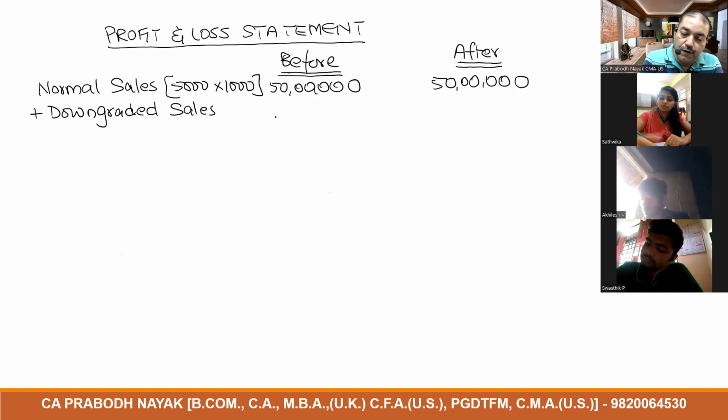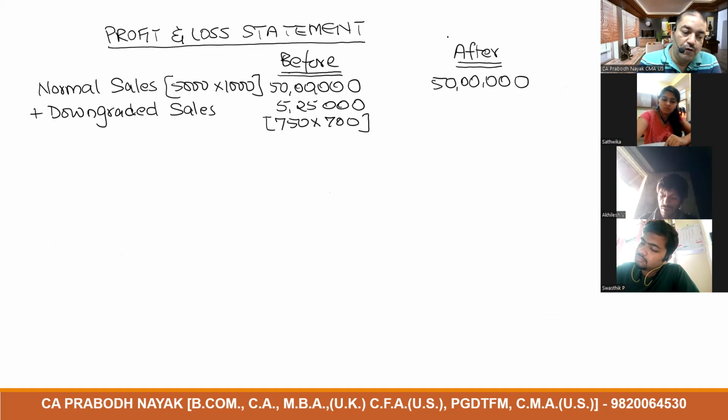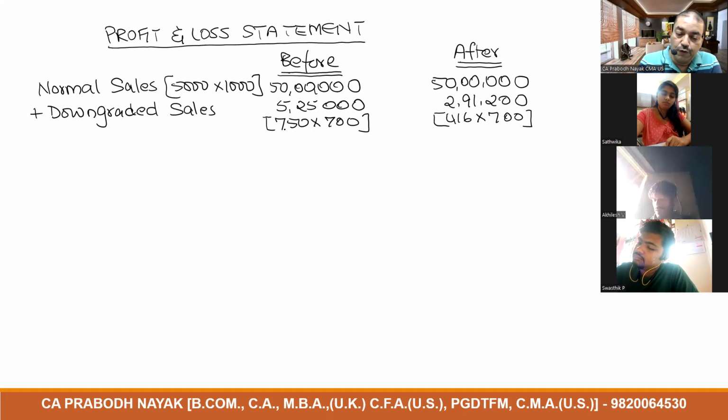Show the working. 750 into 700, that is 5,25,000. 416 into 700, that is 2,91,200.